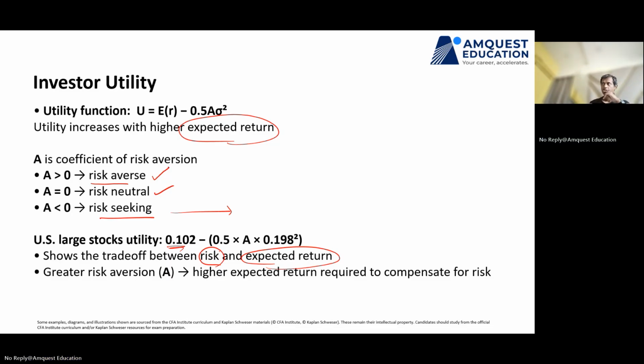Clear? That means, agar tujhe risk pasand nahi hai, if you don't like risk, then you might only invest if you have a correspondingly higher return.